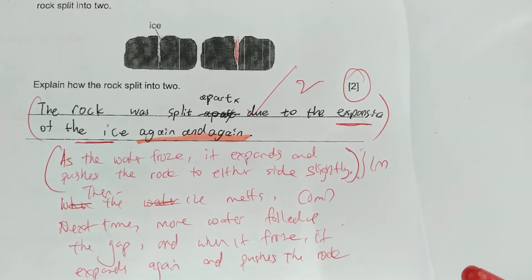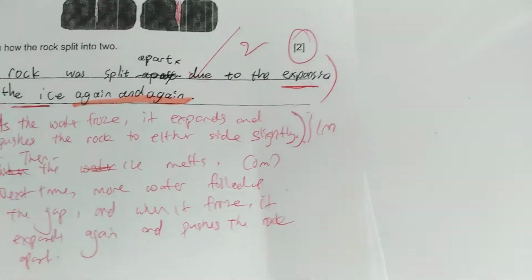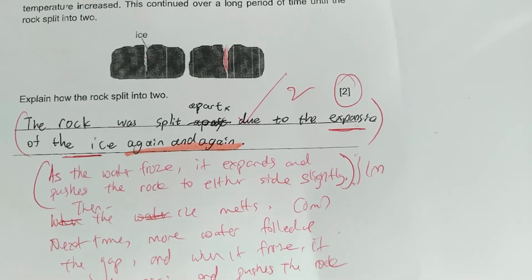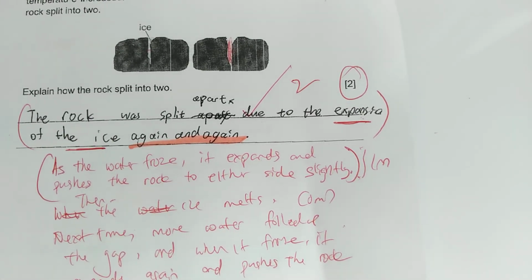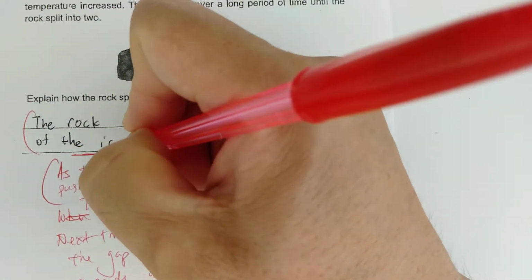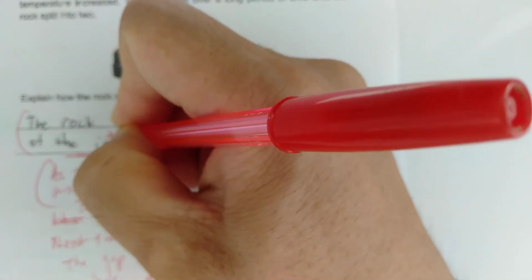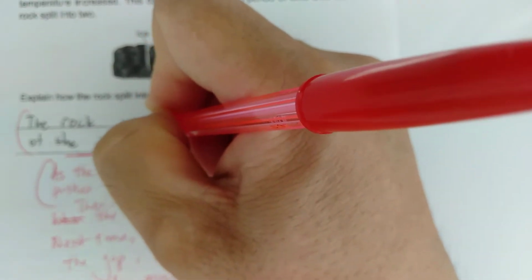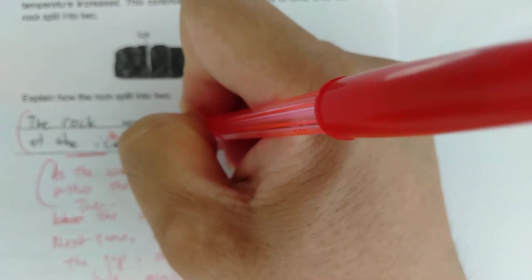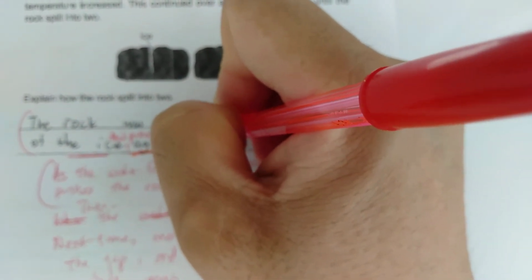Although if it's a forces question, it is for pushing aside. The teacher might want to see in the answer the pushing of the rock to both sides, especially the ice that pushes the rock to either side.